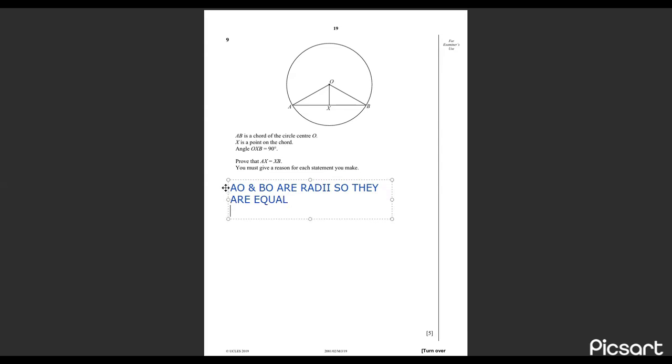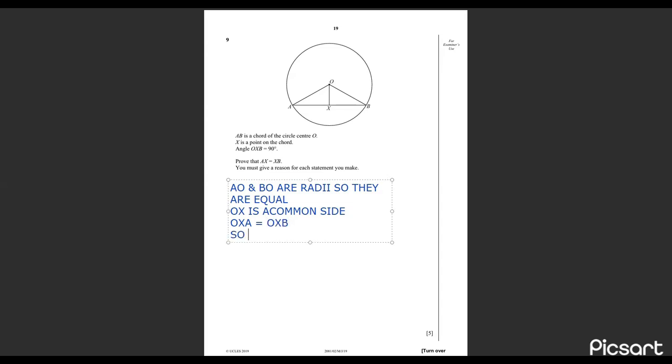Part two, we can say this OX is a common side. So here we have two sides equal, and the included angles: angle OXA equals angle OXB.